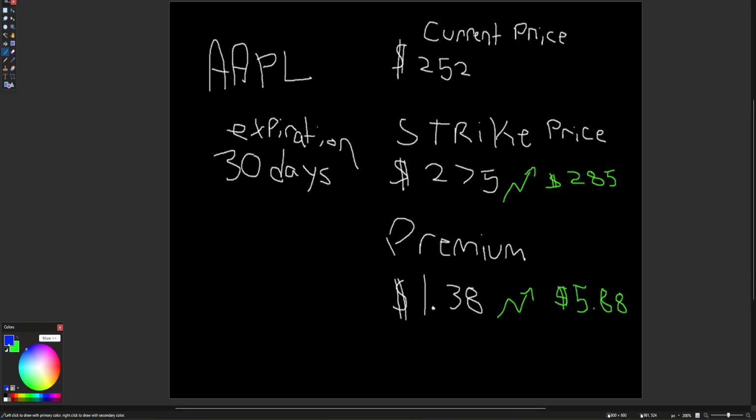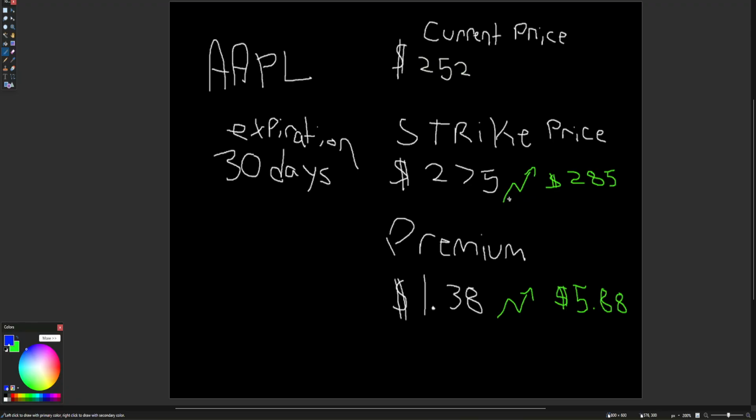Imagine Apple stock, which trades on the NASDAQ, is currently trading at $252 per share. You think some great news is coming out and the stock is going to soar in the next month, so you buy a call option with a strike price of $275 that expires in 30 days. This contract allows you to buy Apple at $275 per share.